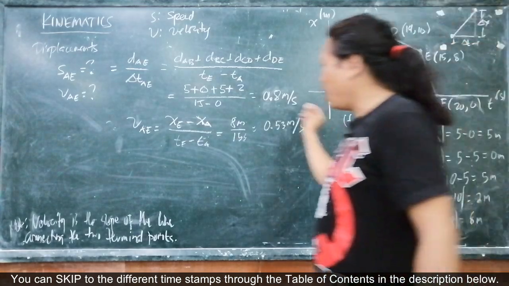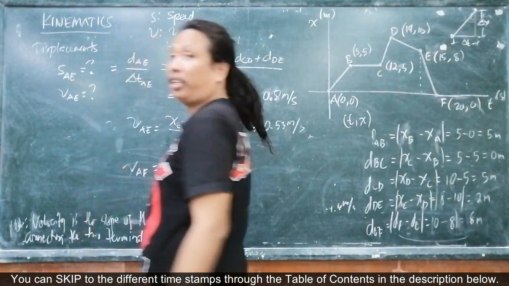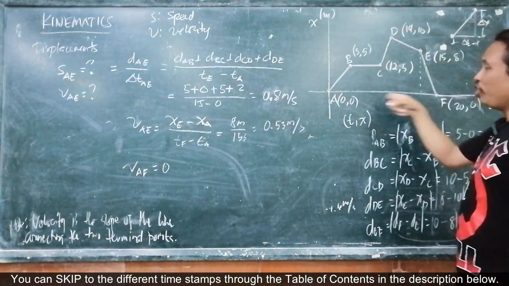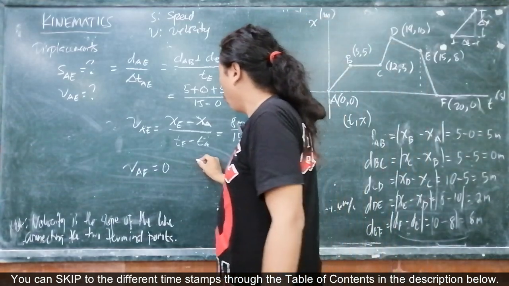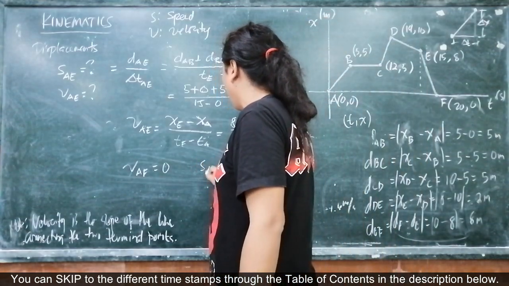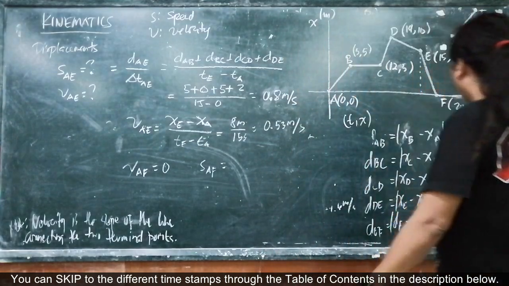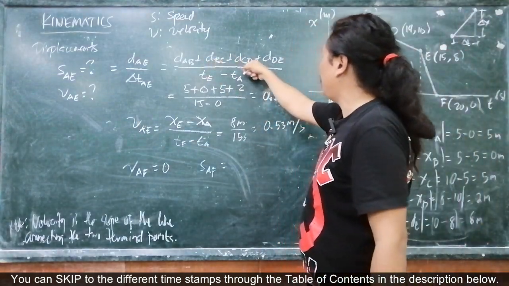And clearly here, you can say that VAF equals 0, right? Because this is 0 minus 0. While SAF is DAB plus DBC plus DCD plus DDE.